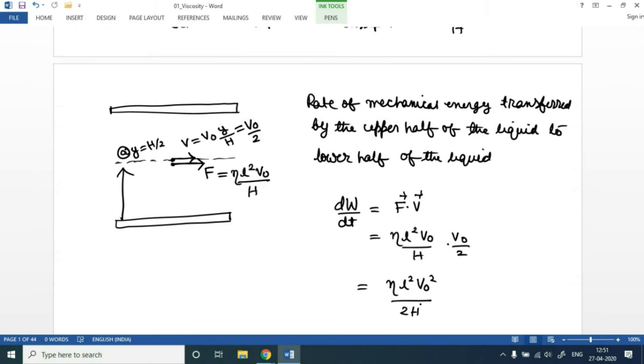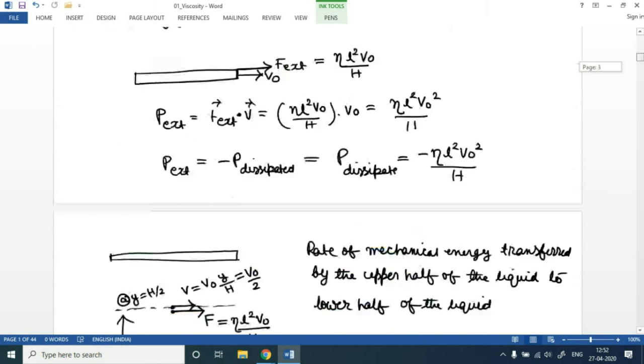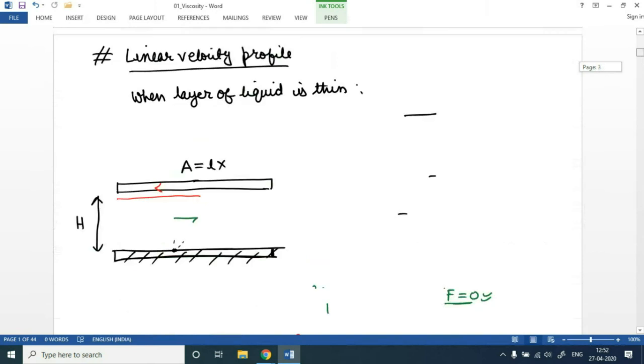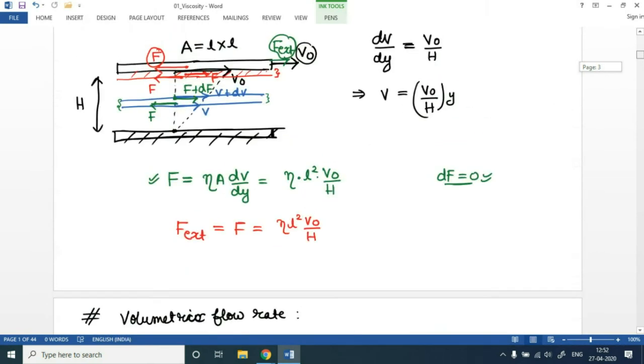And when the layer of the liquid is thin, we realized that the viscous force would be a constant, because any layer of the liquid, since it is moving with uniform velocity with respect to time, the net force acting on it has to be equal to 0.